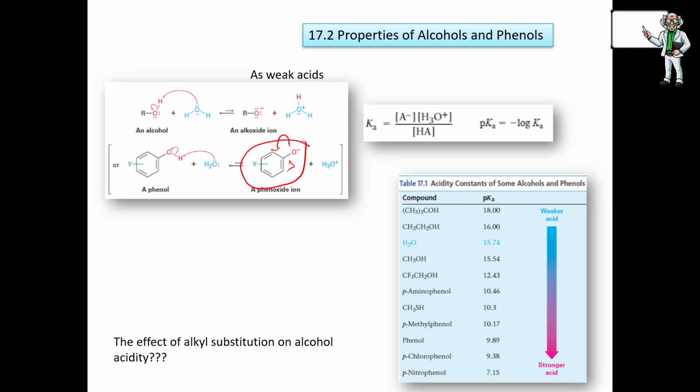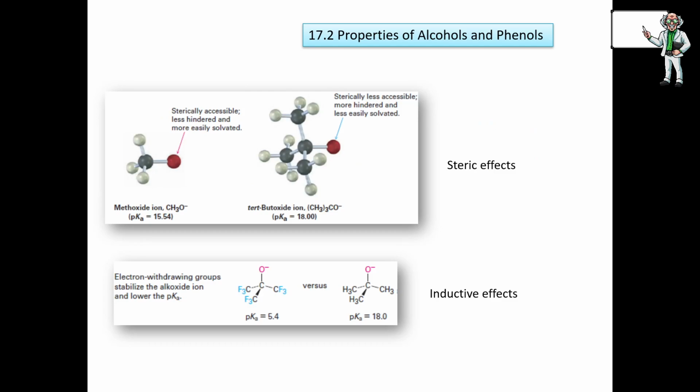Then, how can the different substituents or the structure of the alcohol affect this? Okay, we can have steric effects. That means in order to be acidic, this proton has to be able to be attacked or trapped by a base, isn't it? That means that the base has to arrive to the proton. The more hindered this alcohol is, the more difficult it will be for the base to take the proton.